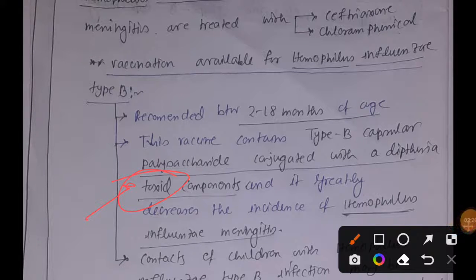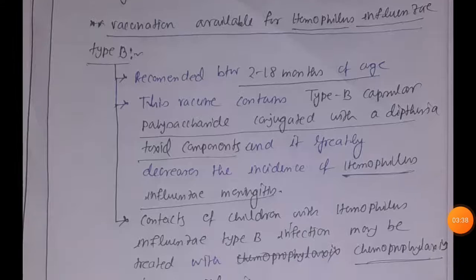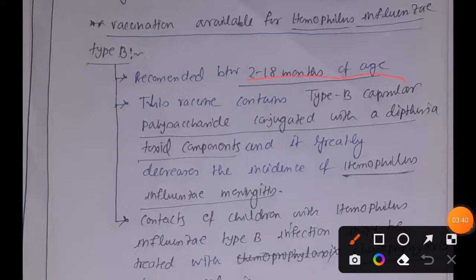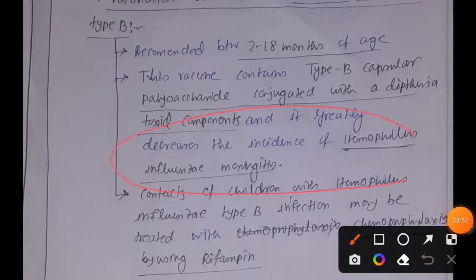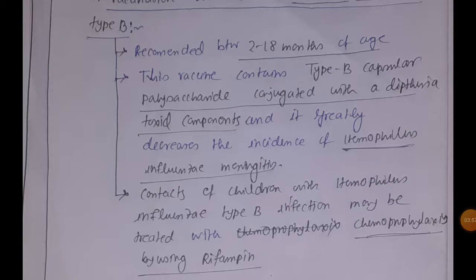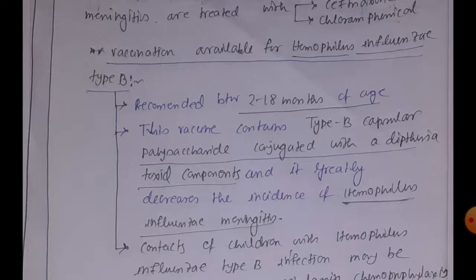I hope you know that a toxoid is an inactive form of the toxin that is used to create immunogenicity. This vaccine, the mixture of type B capsular polysaccharide and diphtheria toxoid, is recommended between the ages of 2 to 18 months, and using it decreases the incidence of Haemophilus type B meningitis.